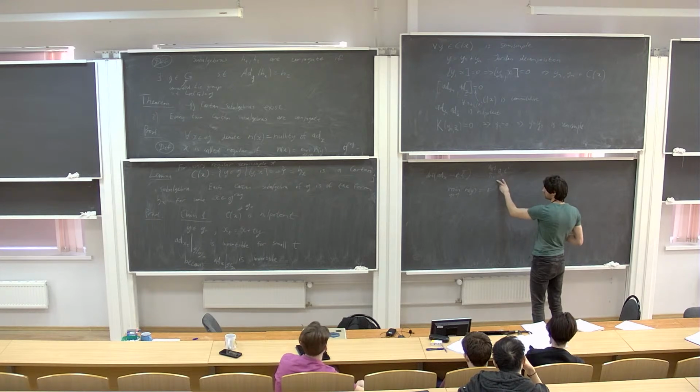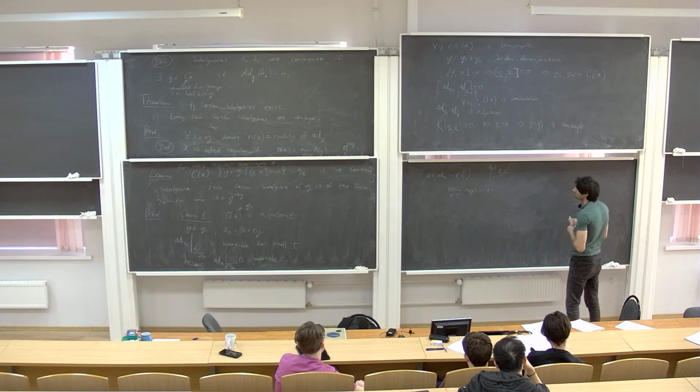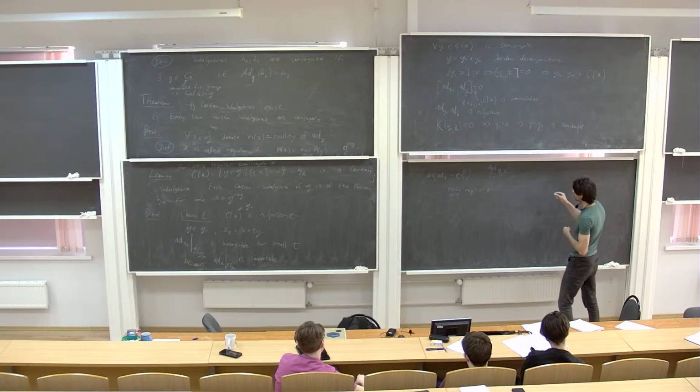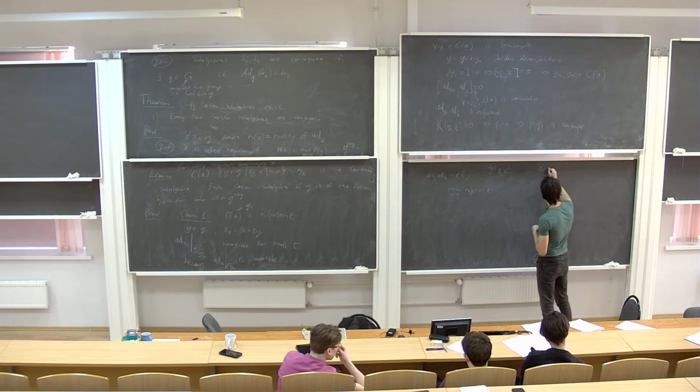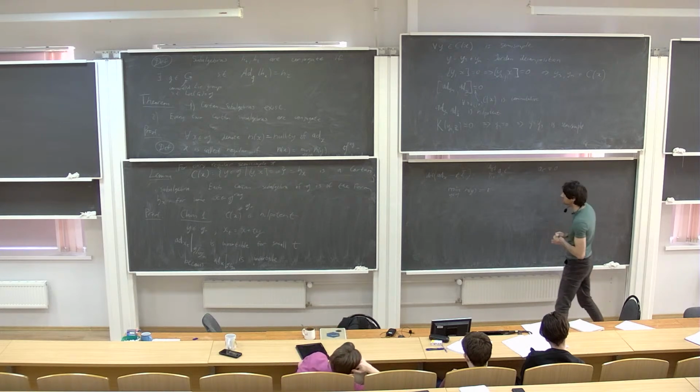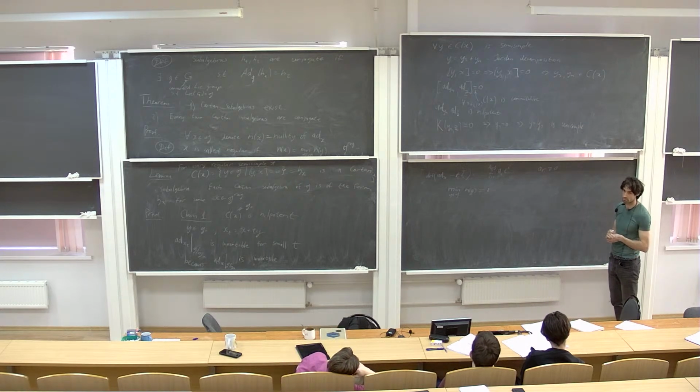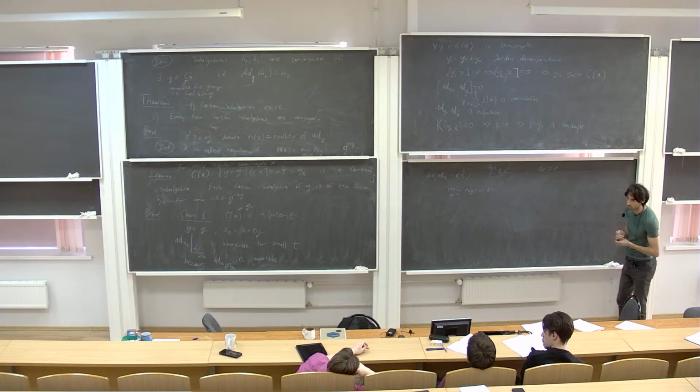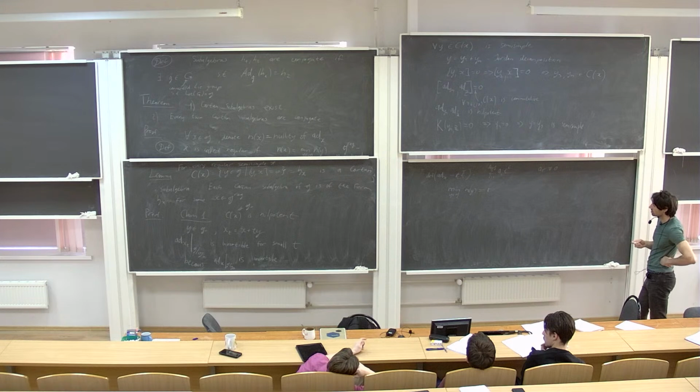Yes, so the fact that the nullity is r, I think it's something like A_r is not equal to 0. Well, that's the characteristic polynomial, not minimal. Yes.